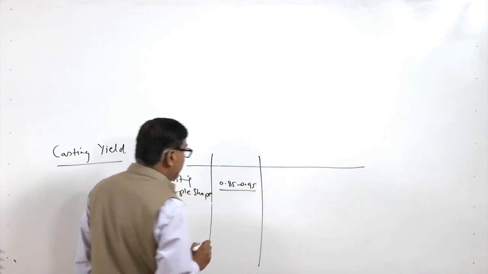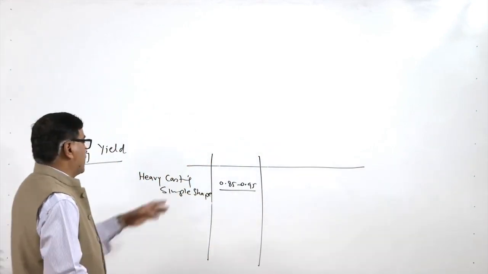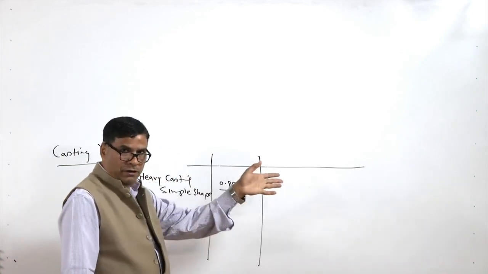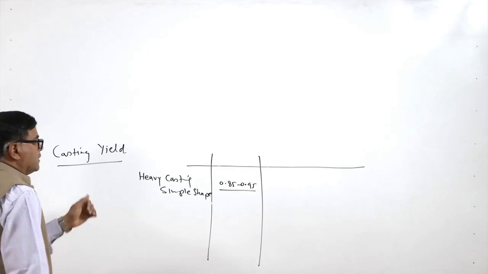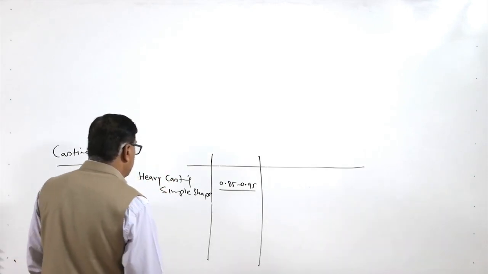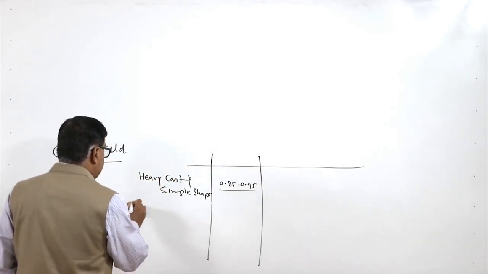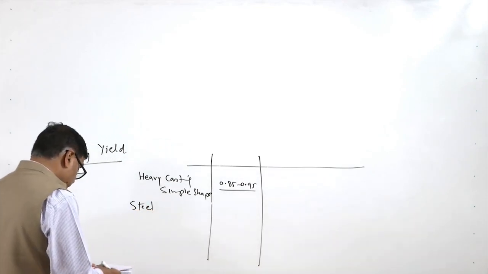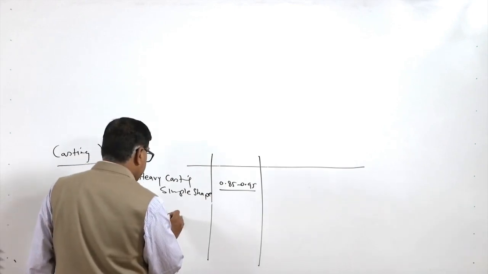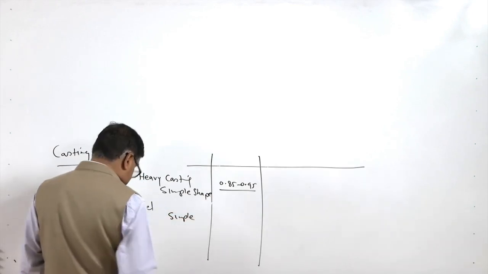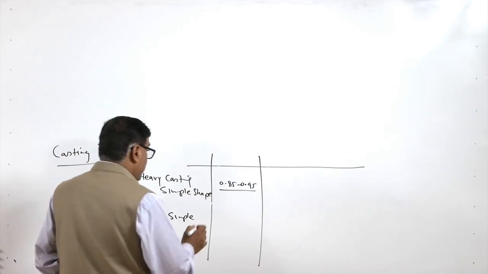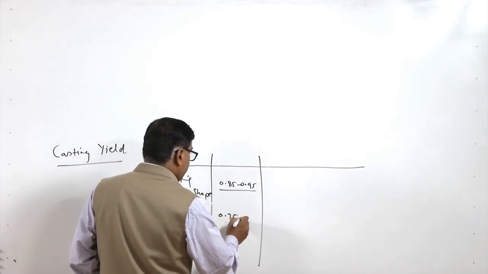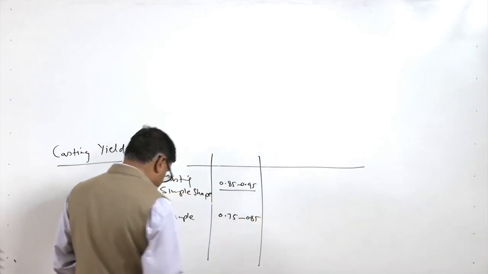So, this is a high yield because the losses are very less, or you can say the mass of the molten metal being solidified in the riser and gating is in the range of 0.05 to 0.15. Like in case of the steels, for the casting of the simple shapes, the yield is quite high. It is 0.75 to 0.85.